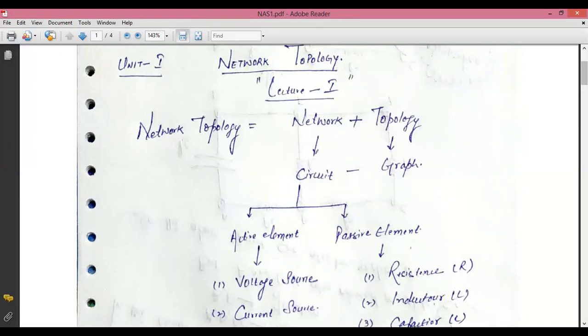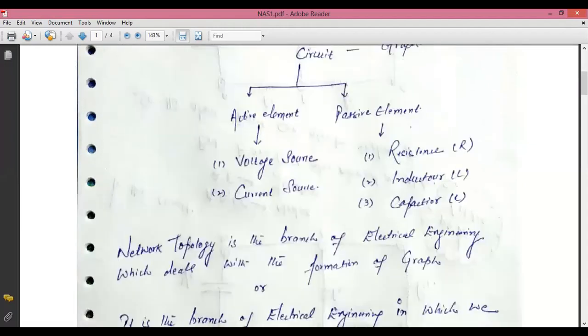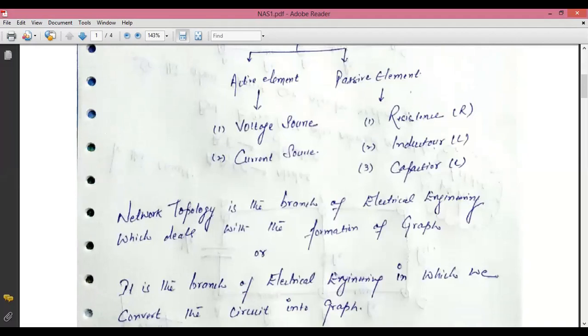That means network topology is basically a technique in which a circuit can be converted into a graph. I can repeat, network topology is the branch of electrical engineering which deals with the formation of the graph, in which a circuit is converted into a graph.